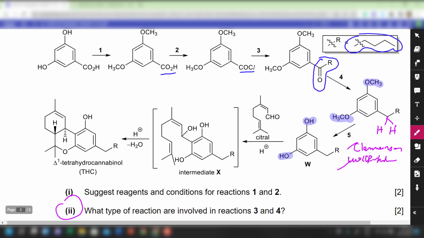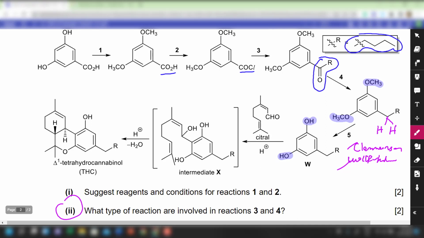That is for you to decide. But obviously over here you notice that it involved the phenyl ring because the H is lost eventually. Since it involved the aromatic phenyl ring, you know that it should be some form of electrophilic substitution.